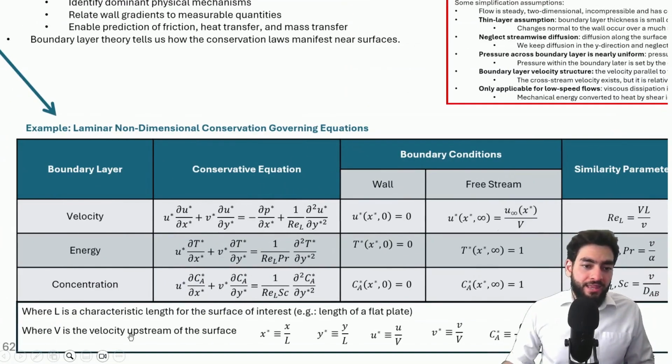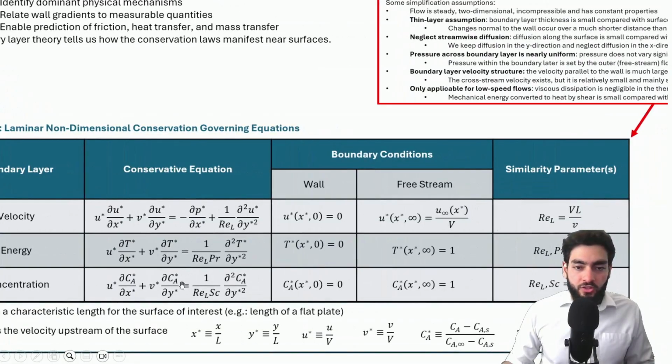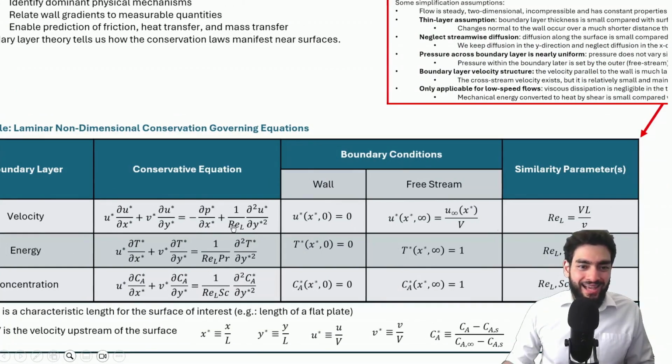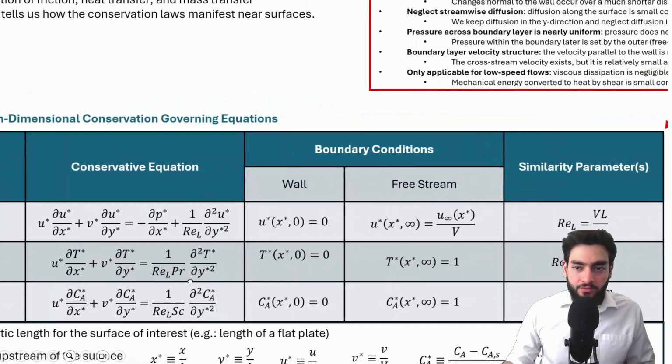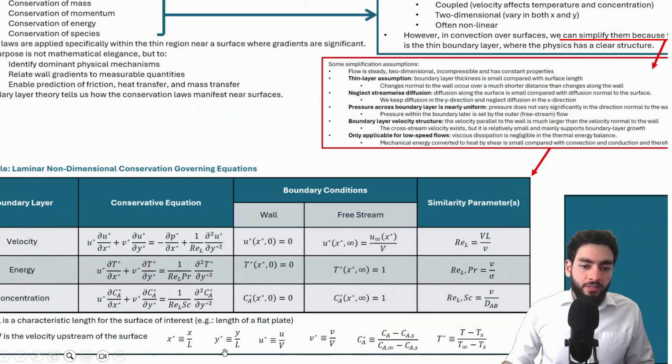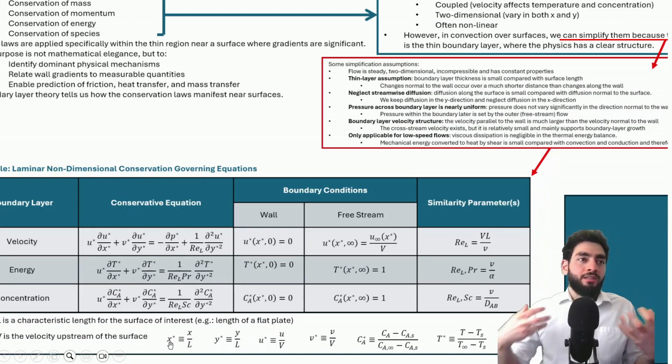Capital V here is the velocity upstream of the surface, and you don't see that in these conservation equations. You only see it when you look at the parameters in the equations themselves, like the Reynolds number. Now let's look at the parameters that are with an asterisk. In order to non-dimensionalize a parameter, this is how we defined it.